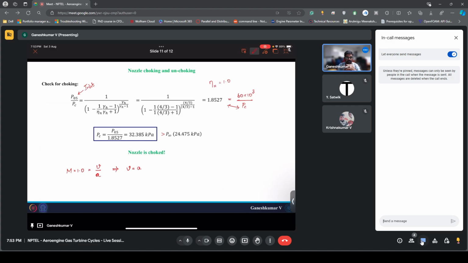When I'm talking, the speed at which my voice propagates is actually the speed of sound. So the flow has reached a very high value such that it matches the speed of sound, and information usually travels at the speed of sound.